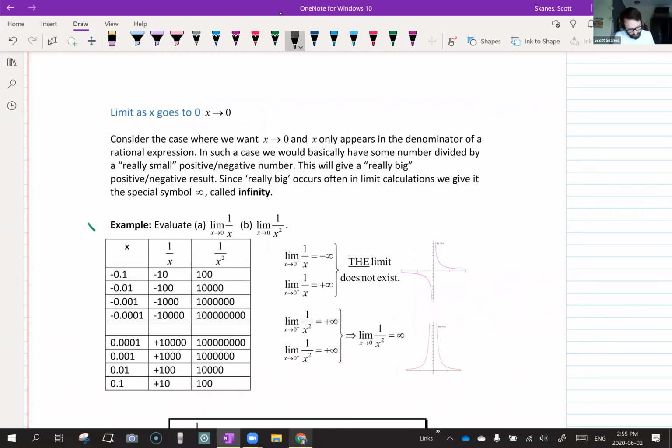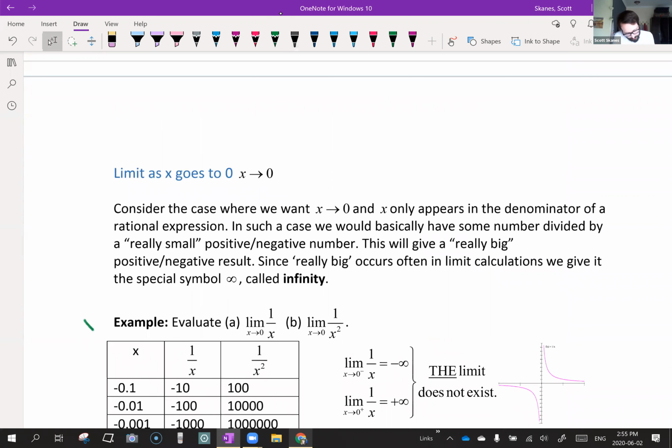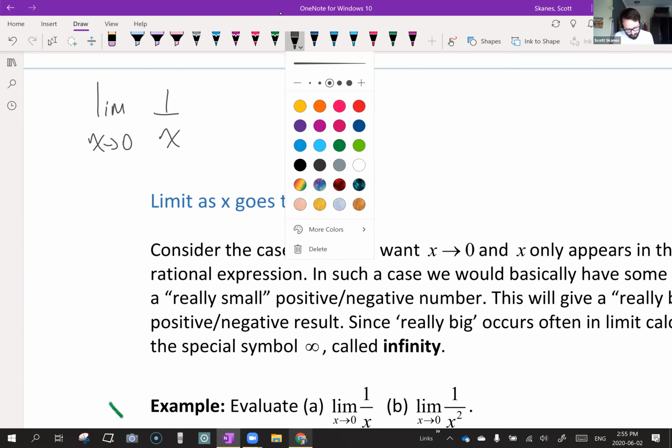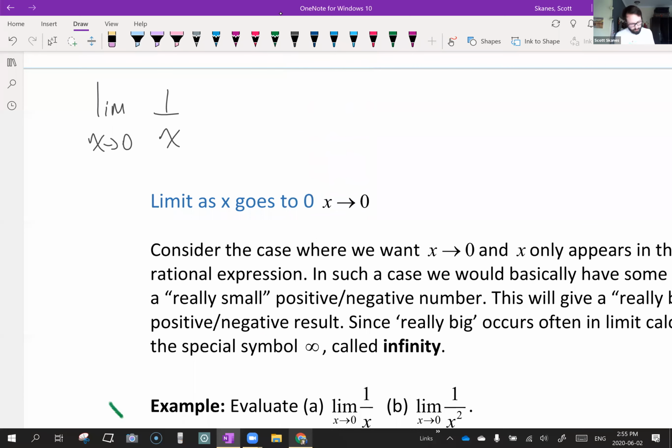The last thing I'll say today is that something special happens when we have cases like this. Let's just say we were trying to get close to the number 0, but not equal to 0. We can't do this by direct substitution, but let's consider it as limits. Imagine we're going to 0.